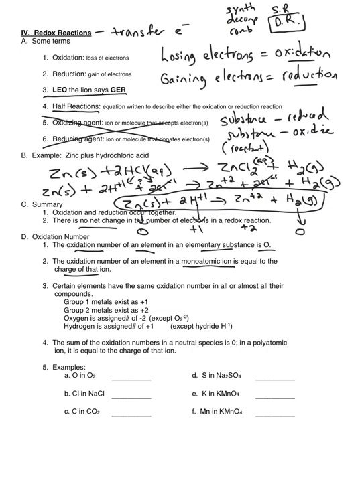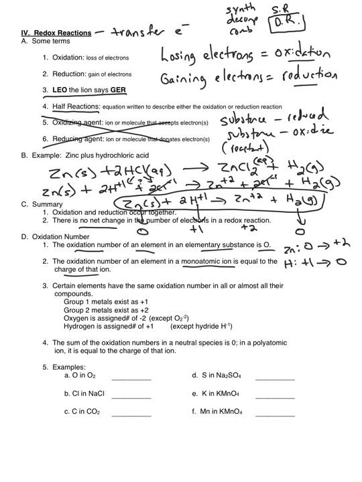Now, if we look at this, we'll notice that the zinc has gone from an oxidation state of 0 to now an oxidation state of +2. It has changed its oxidation state. And whenever you have a change in an oxidation state, that tells us that it is a redox reaction. Hydrogen is going from a +1 state to a 0 state. It too is changing its oxidation number and therefore is a redox reaction.